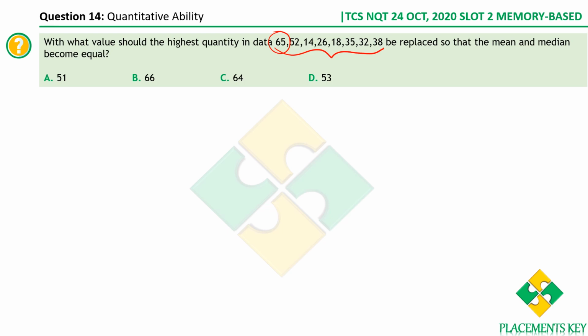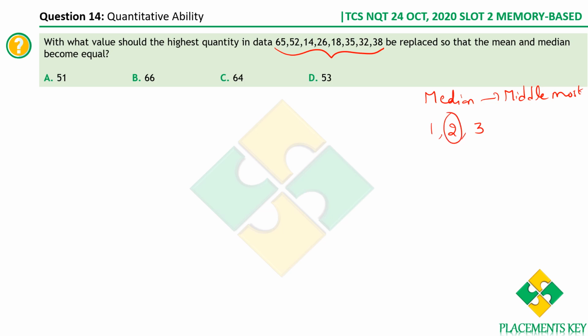So first let's find the median. We know the median is the middlemost observation. But please remember, when you have an odd number of observations, let's say 1 2 3, the median will be the exact middle term.